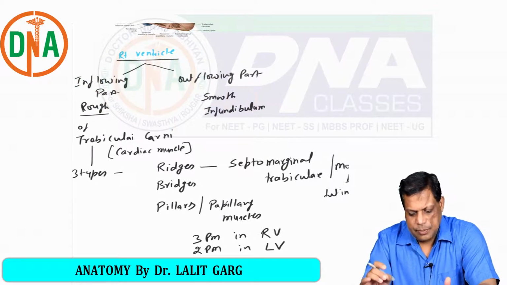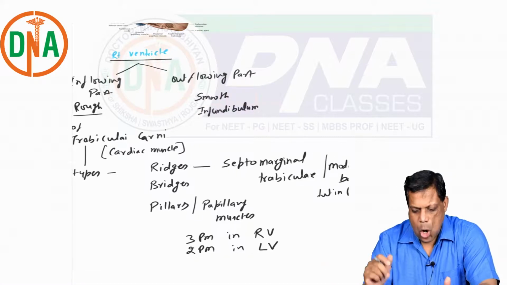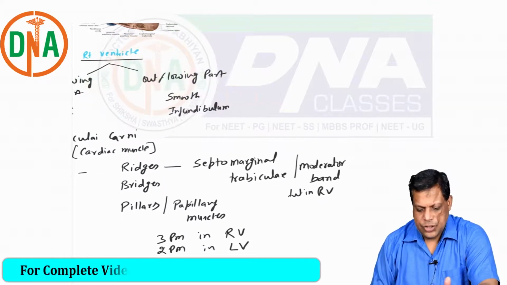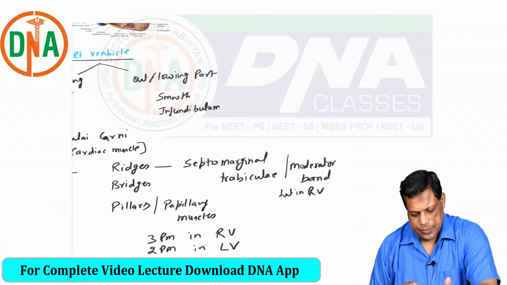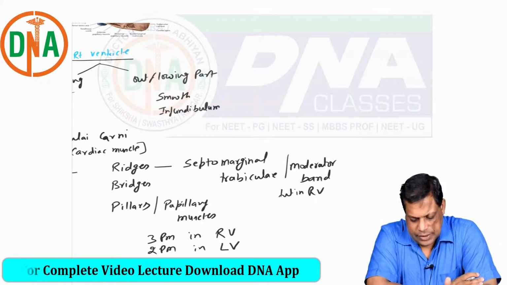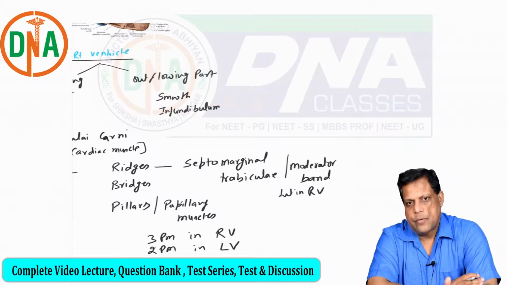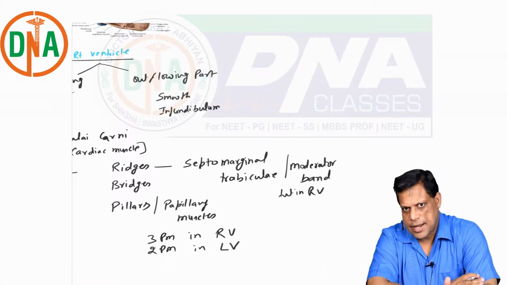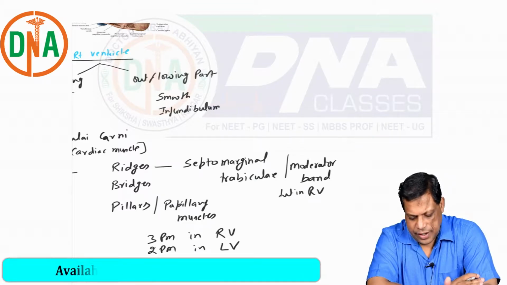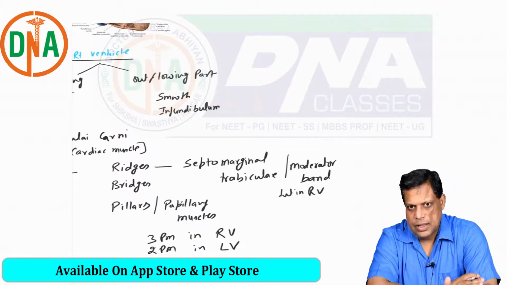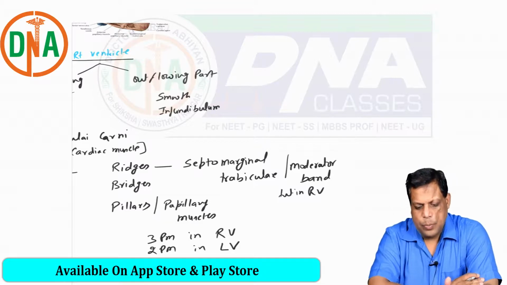Ridges, one example is the septomarginal trabeculae or moderator band, which is present in the right ventricle. The pillars are the papillary muscles, and the number of papillary muscles is proportional to the number of cusps in the atrioventricular valve. The right atrioventricular valve is the tricuspid valve. So the right ventricle has three papillary muscles, while the left ventricle has two papillary muscles.